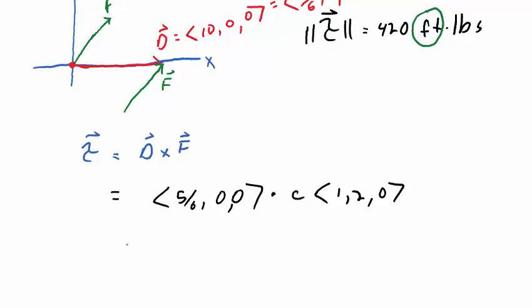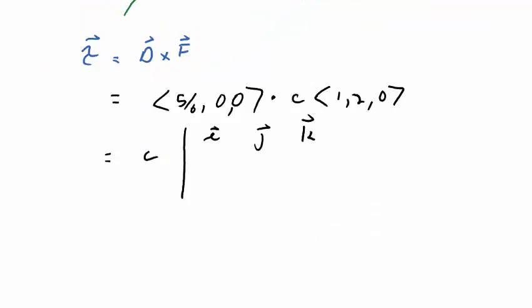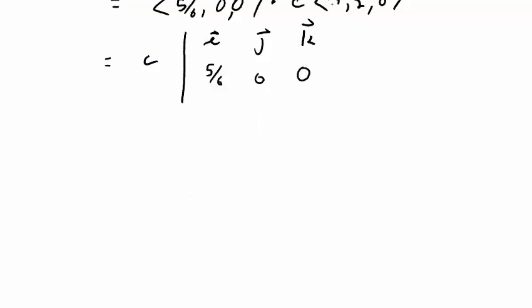And when you take this cross product, you can actually leave the C on the outside and then use your pseudo determinant with i, j, k up top to compute the cross product. D will be the vector in the middle, so 5/6, 0, 0. And the vector on the bottom will be what's left from F, this scalar multiple. What's left from that when you pull the C out is 1, 2, 0.